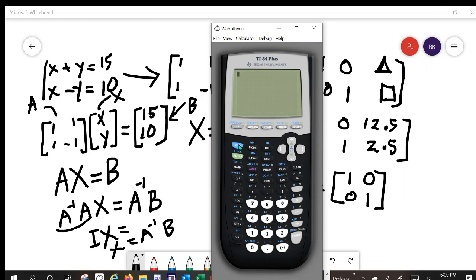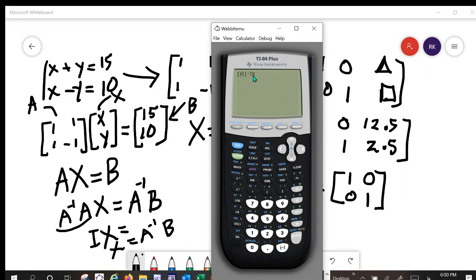So let's see. I'm going to get matrix A, fetch it and put it on the home screen. The way you find the inverse of a matrix with a calculator is by this. This doesn't mean 1 over the matrix; it's just the inverse of a matrix. If you put it on a matrix, that's what it means.